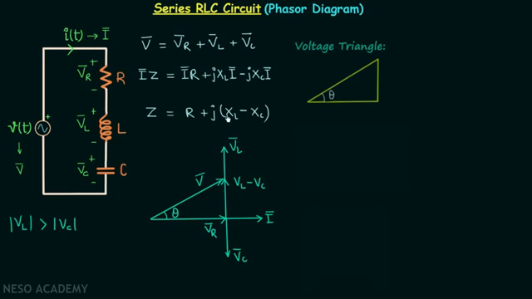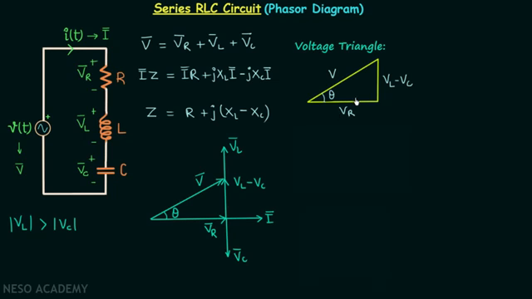Now we will move on to the voltage triangle. This angle will be theta. The hypotenuse will be voltage V. The perpendicular will be voltage VL minus VC, and the base will be voltage VR. We have taken this triangle and we are writing the magnitudes.